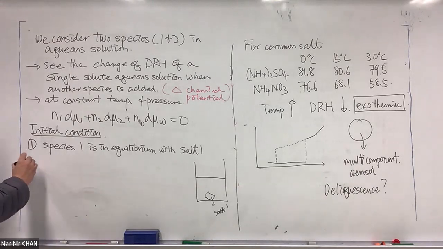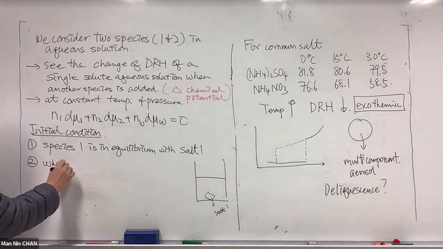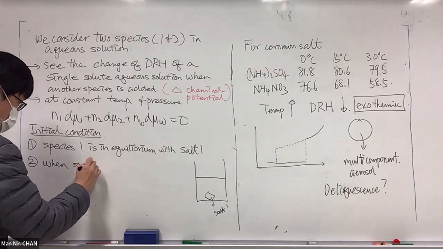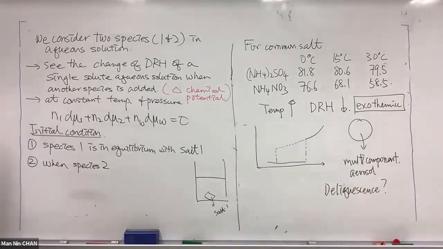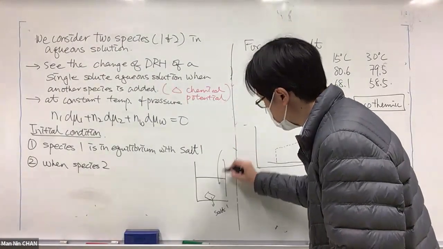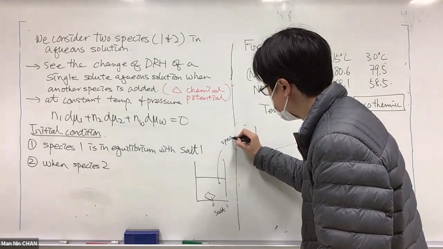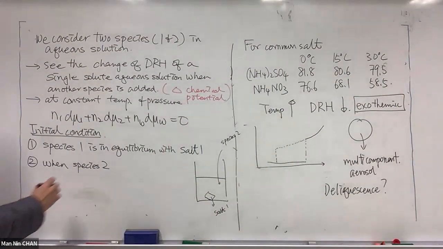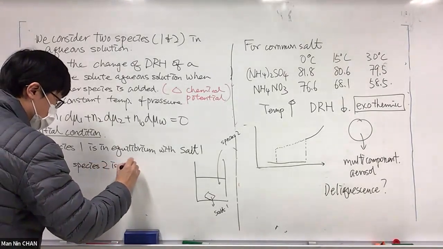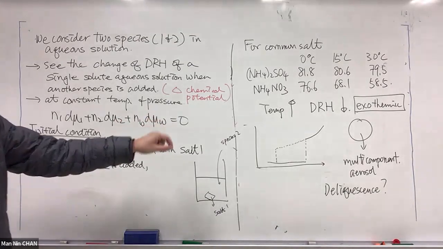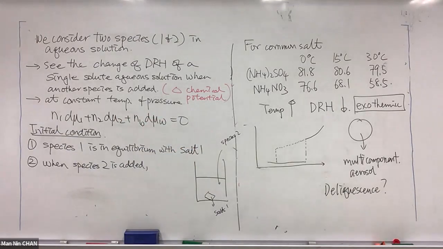Now what will happen is, when I add some of my species two into my system, you can argue that initially we only have a very small amount of your species 2.